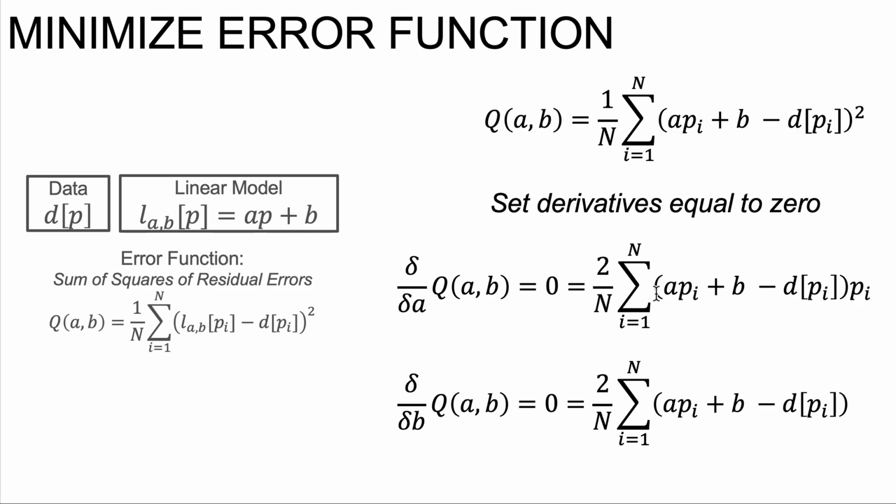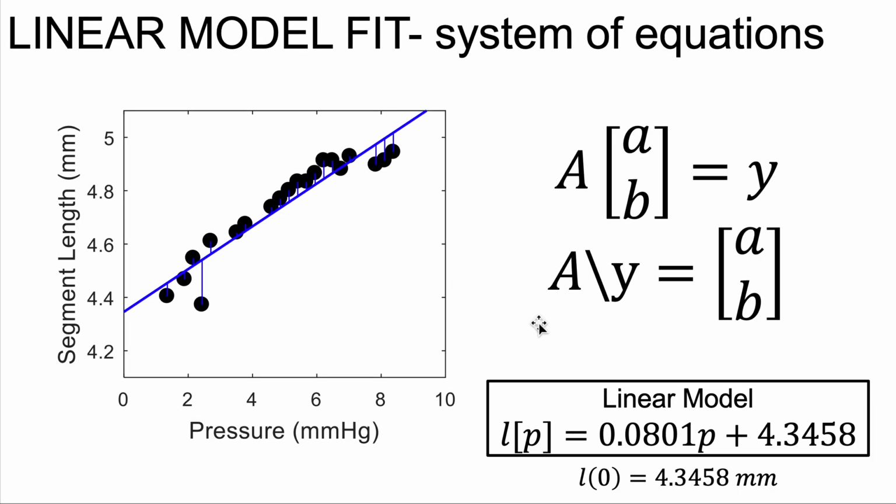The two equations are equation 1 and equation 2, and the unknowns are A and B. And if you simply use Gaussian elimination, for example, on this linear system, you can get back the parameters A and B that give you the best fit to this data.